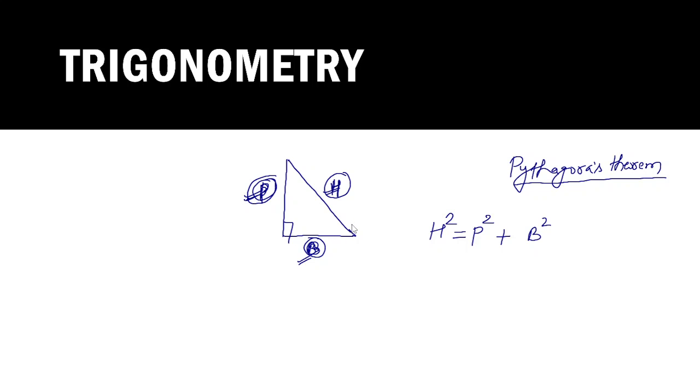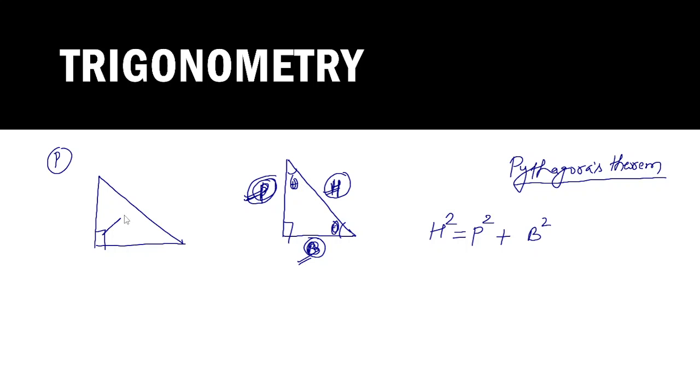In Pythagoras theorem, we are not interested in these angles, this one and this one, but in trigonometry we are interested in these angles also, right? One more important thing is the perpendicular. The hypotenuse is fixed.